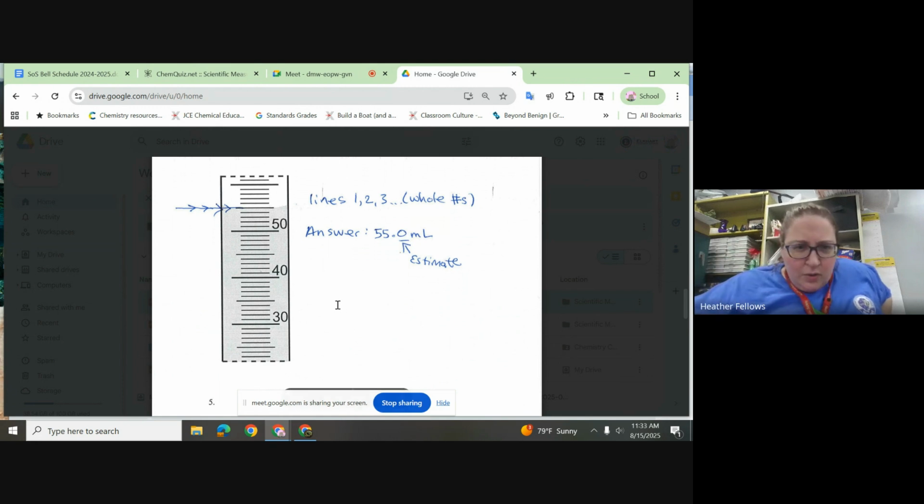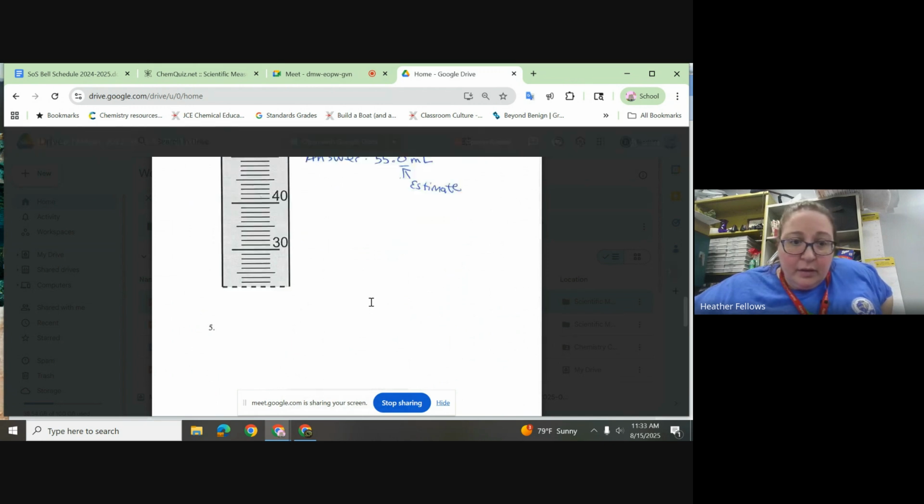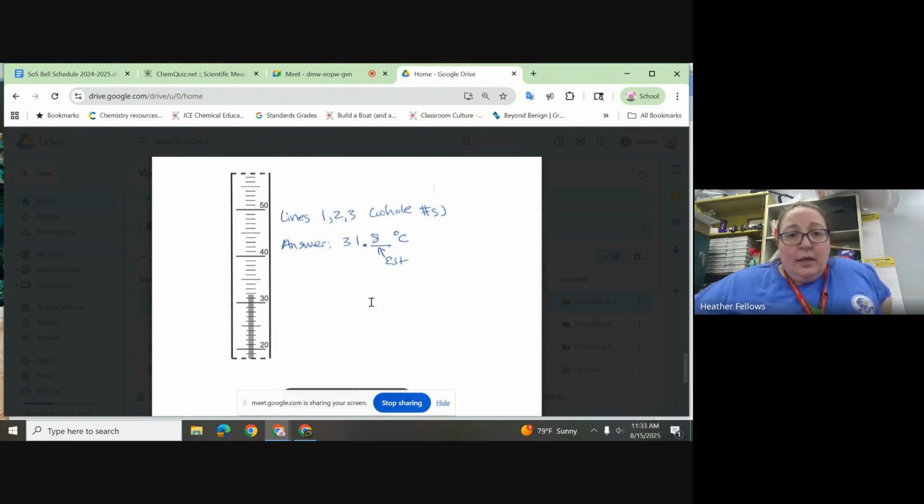Okay, so we check what the measuring device tells me, and that is 55, and it looks to me like it's right on at the bottom of the meniscus, so I call it 55.0 milliliters.